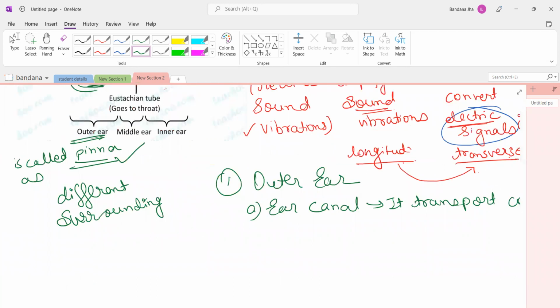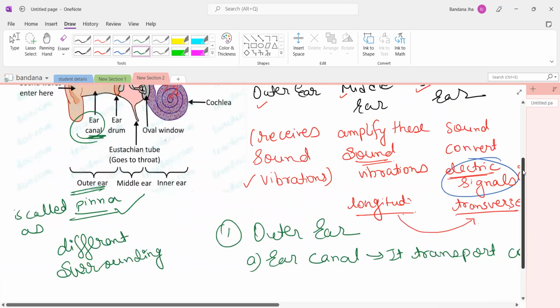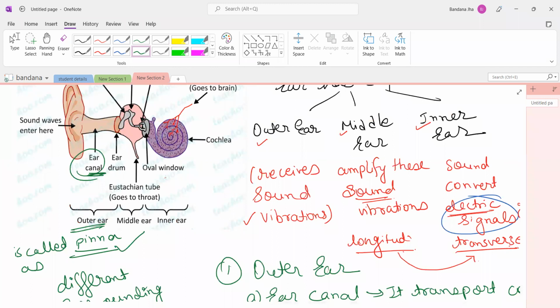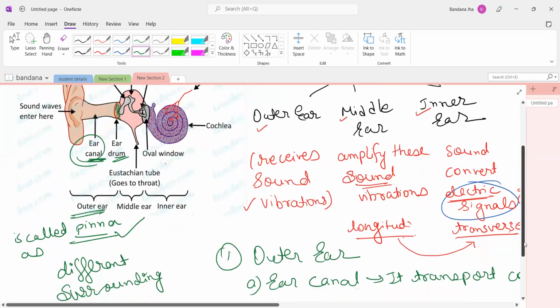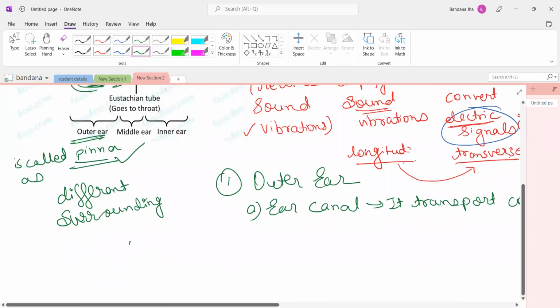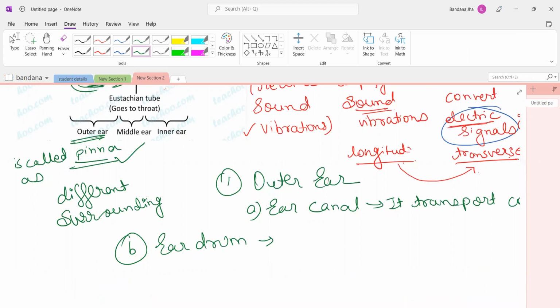As we can see here in the diagram also, the second is our eardrum. The small white layer you can see in your ears with the help of a torch is known as the eardrum. So what is the role of the eardrum?